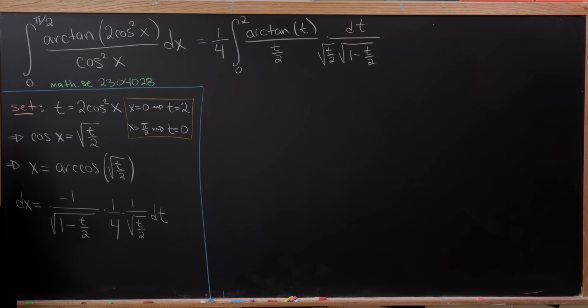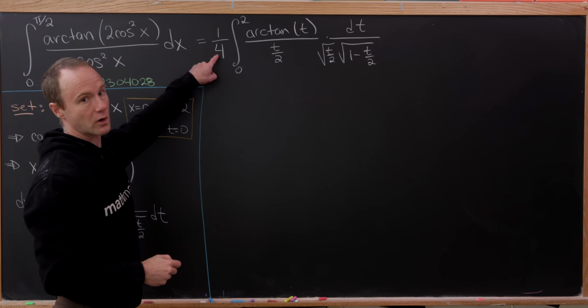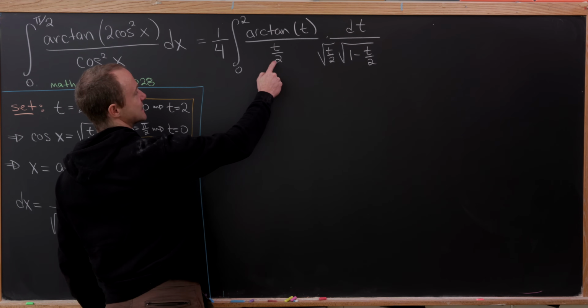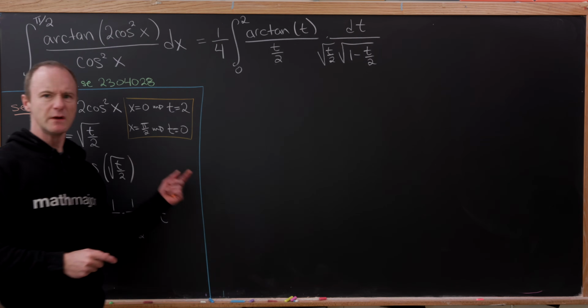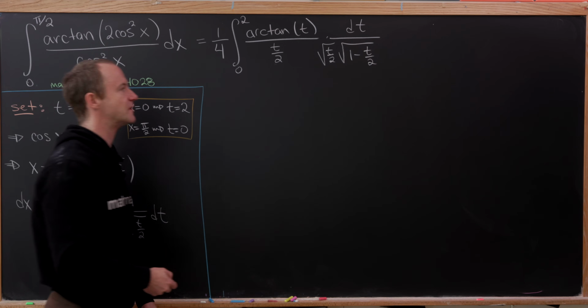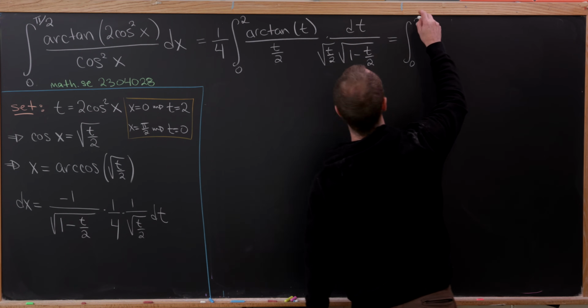Okay, so what can we do to simplify? We can bring this 4, which is out in front of the integral, and use it to cancel this 2 here. That'll leave us with a 2 left over. But then we can split it into 2 copies of the square root of 2 and bring it into both of these square roots. So we'll have the integral from 0 to 2.